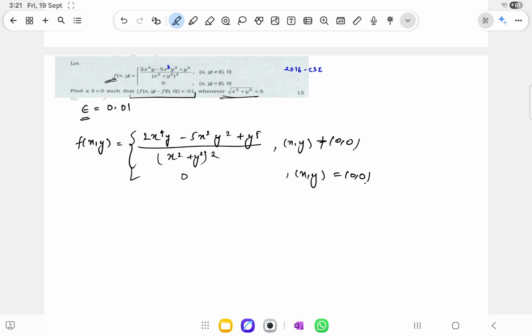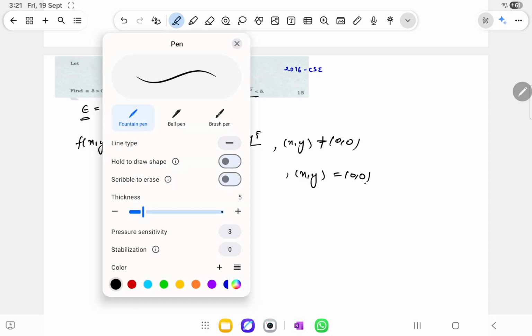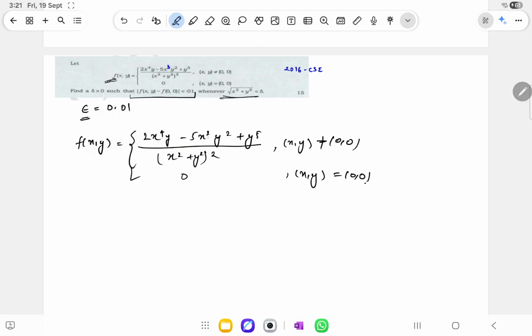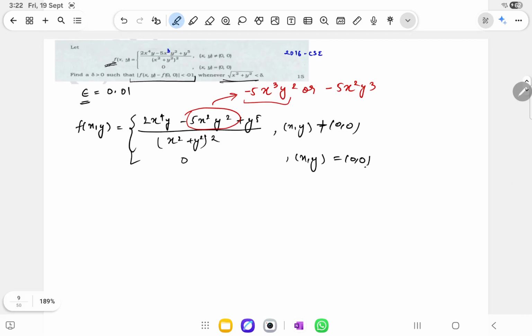What you can do is either take this term as negative of 5x^3 y^2, or take it as negative of 5x^2 y^3, and then solve. For the time being we'll take this and solve it for the specific epsilon, and you can calculate it using the other term as well.